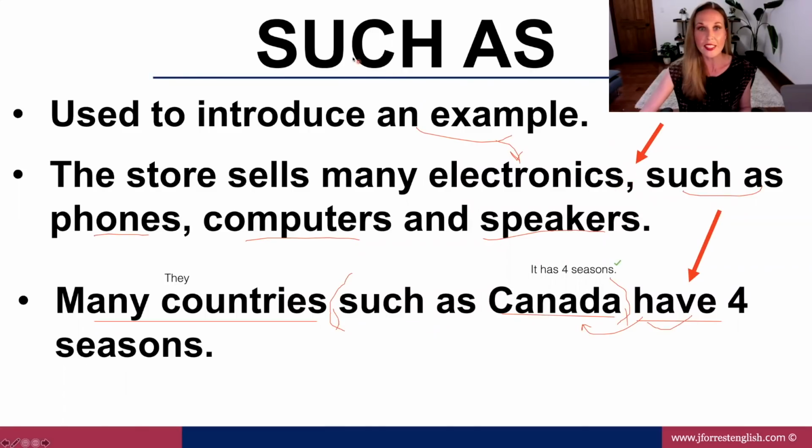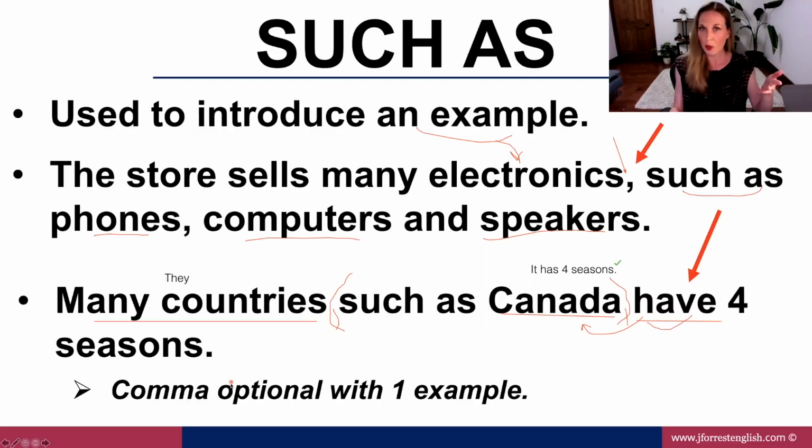I could just end it with a period right here, end the sentence entirely. So the information after the comma is not required. So this information, such as Canada, is not what our verb is being conjugated with. Our verb is being conjugated with countries. So that's a really important note. Even when you don't have commas, you still have to ask yourself, what's my subject? And that will tell you how to conjugate your verb.